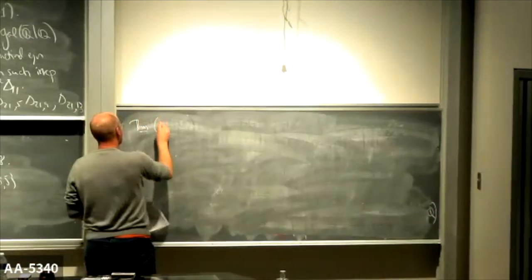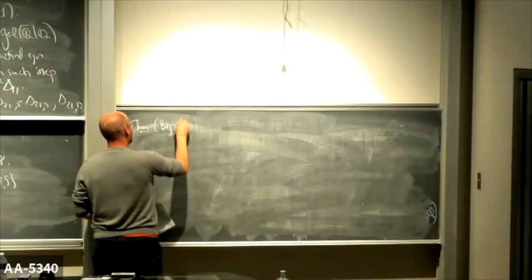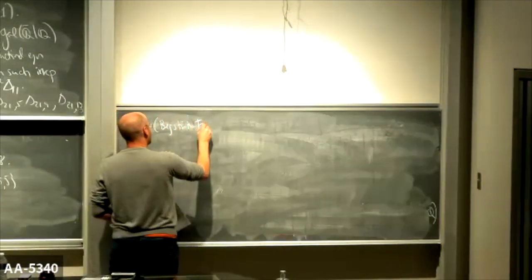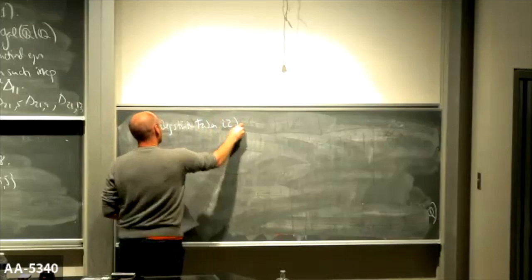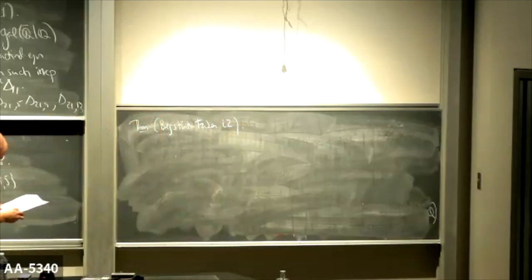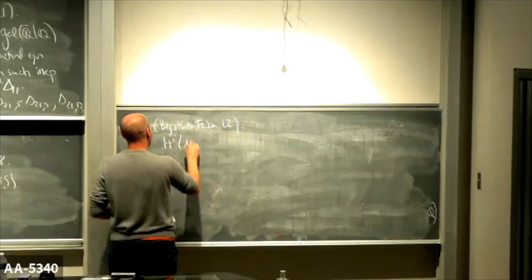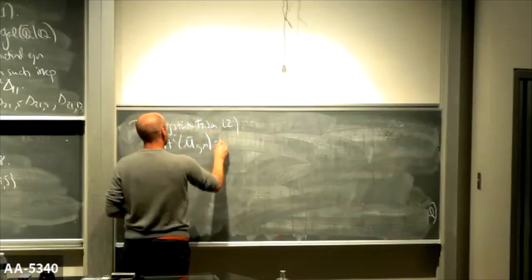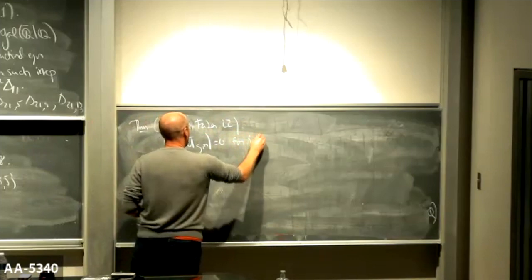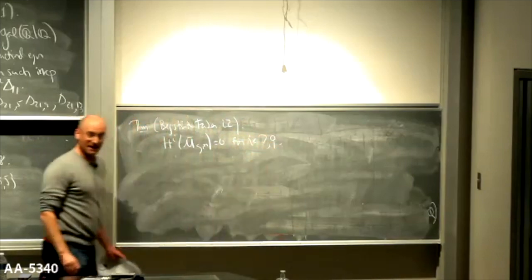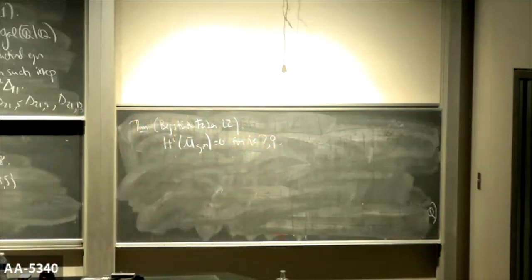So this is joint work with Bergström and Faber from last year, which is that H^i of M_{g,n} bar is 0 for i equal to 7 and 9. So we do have that part.